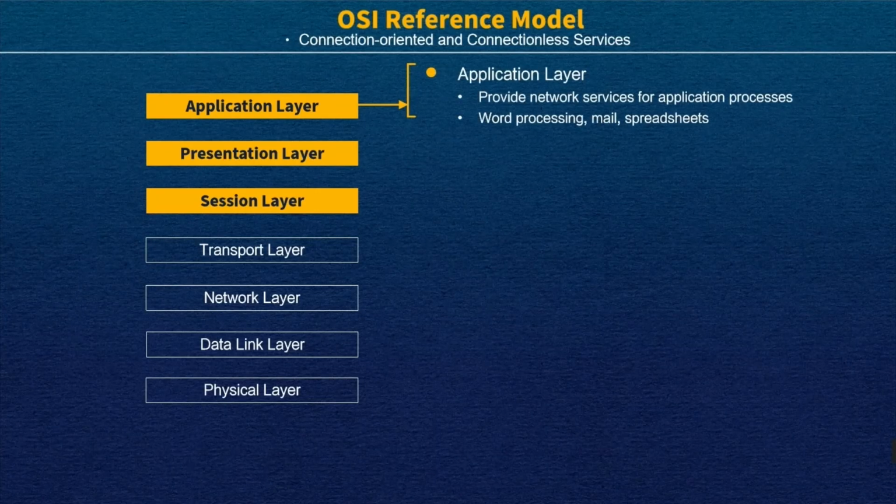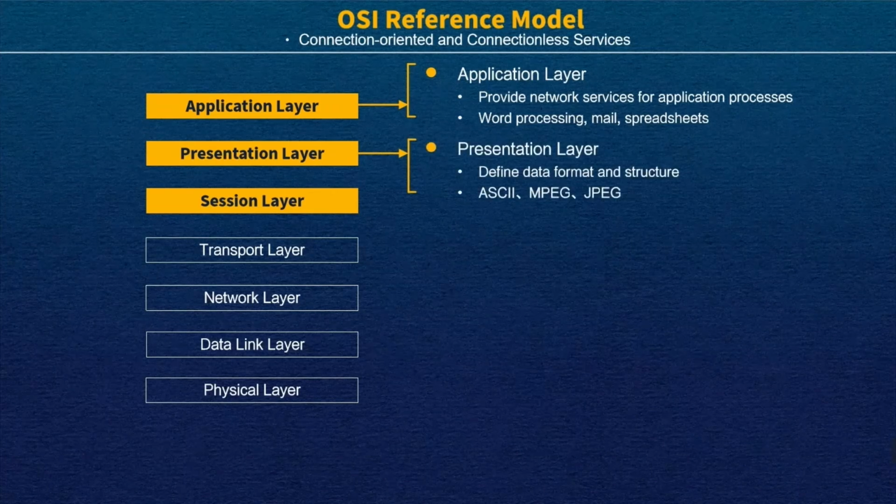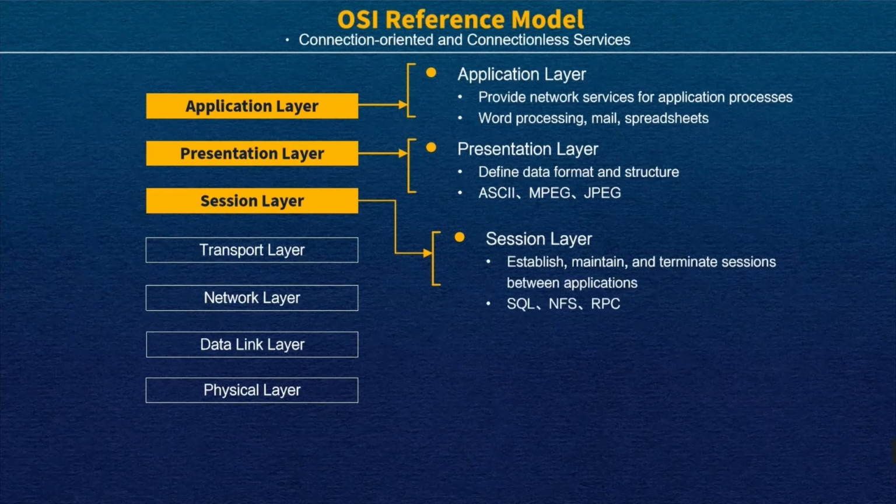You can also use email. Maybe you can also use HTTP to open some URL. The presentation layer defines the data format and structure, like JPEG and ASCII. And the session layer focuses on session information: establish, maintain, and finally release the session.